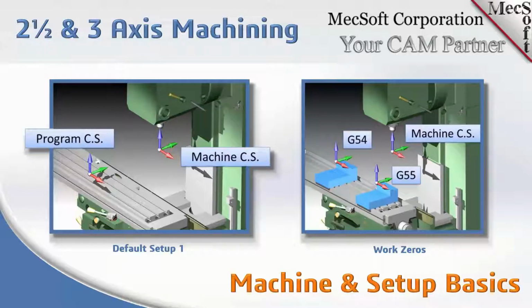You can move that origin, okay? Even in the Standard, in the early configuration, you can move that origin by creating a work zero and putting that work zero underneath your Setup 1. You can define where that work zero is, whether it's at the top of your stock, bottom of your stock, however you want to locate it, and that work zero will then become the coordinate origin for all tool paths.